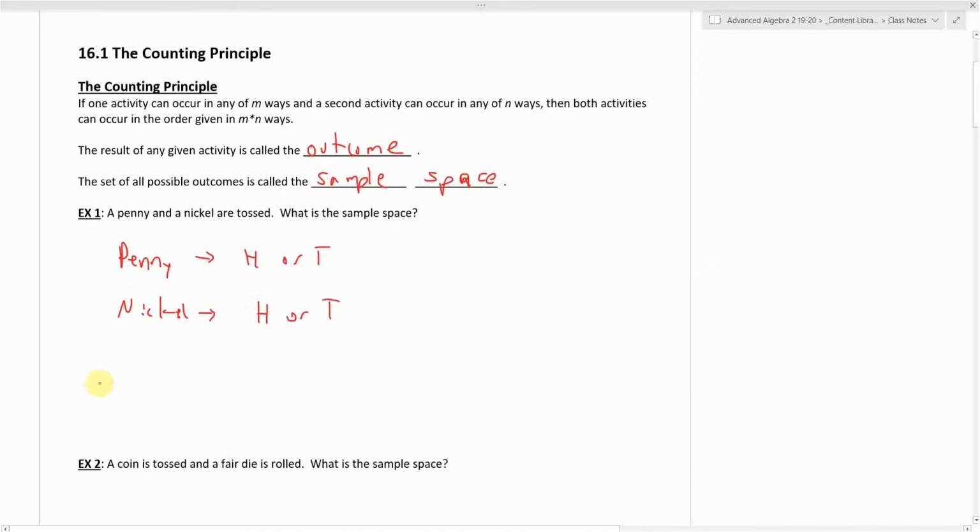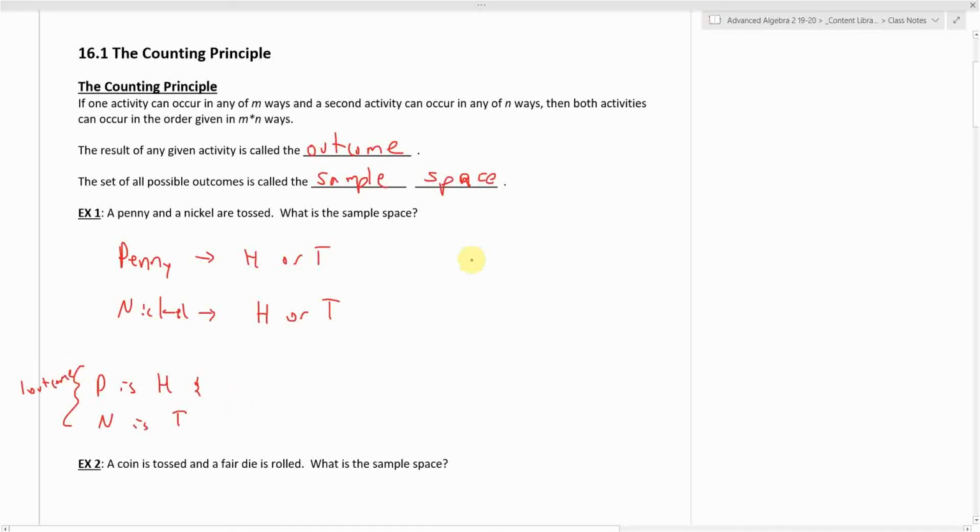If the penny came up heads and the nickel came up tails, this is one particular, possible outcome.